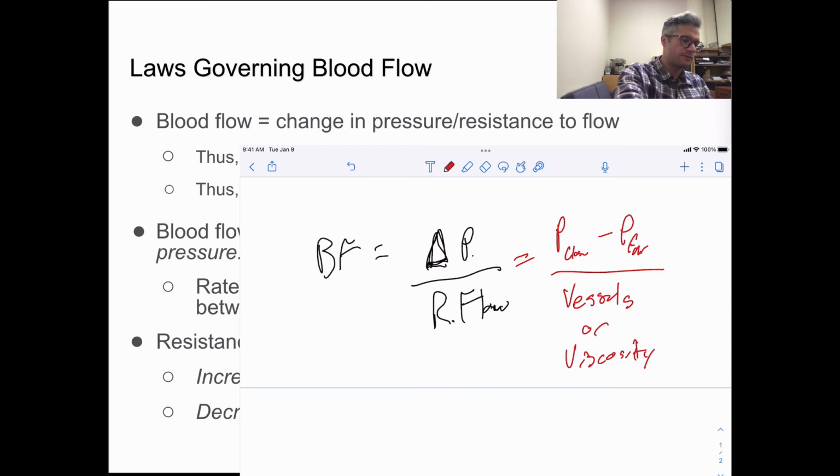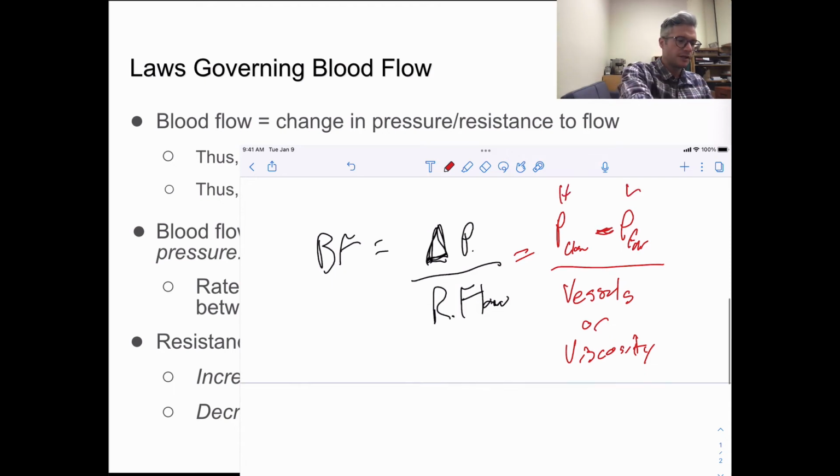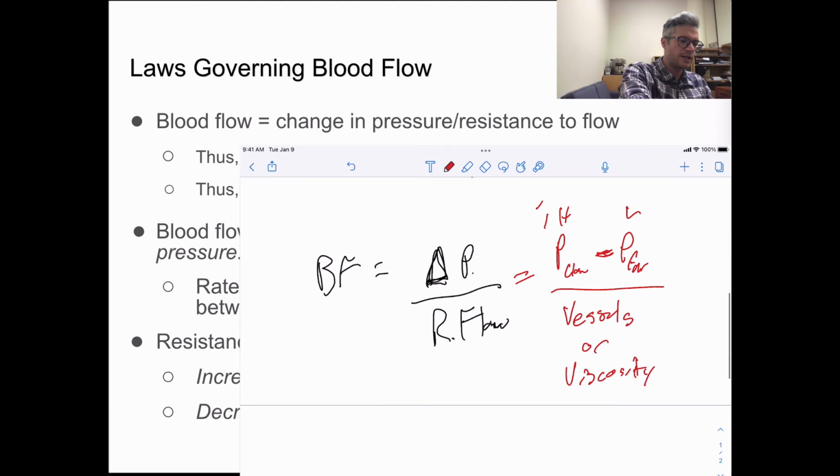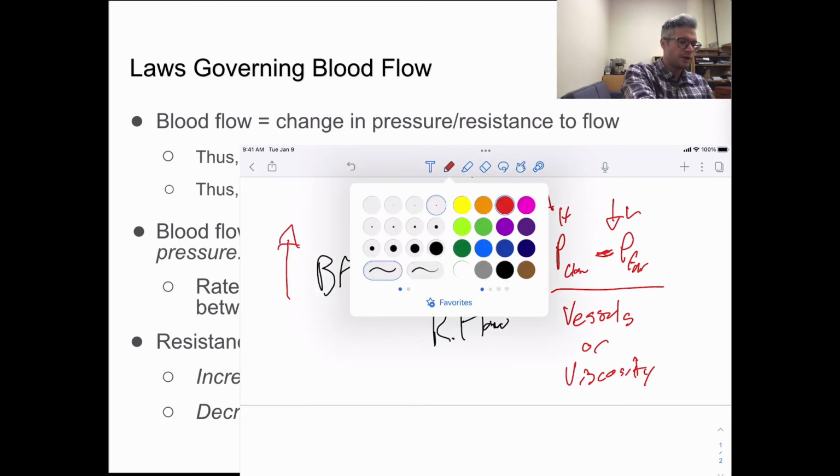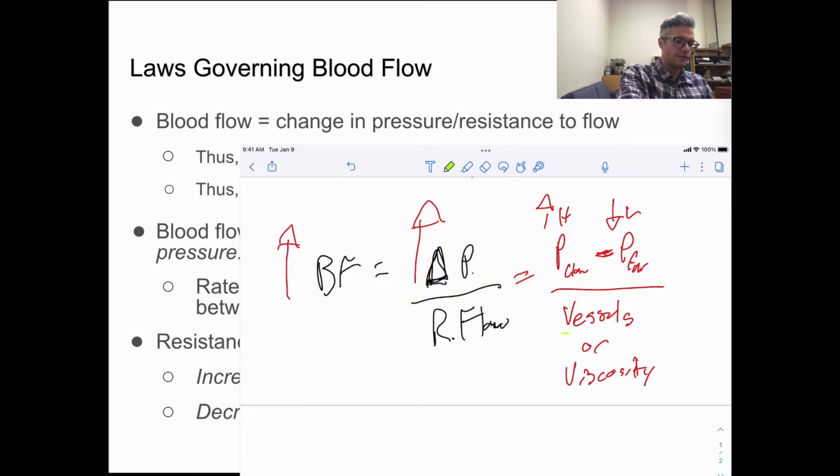So again, the higher the pressure is on one end and the lower it is on the other, we're going to see an increase in pressure difference and therefore an increase in blood flow.